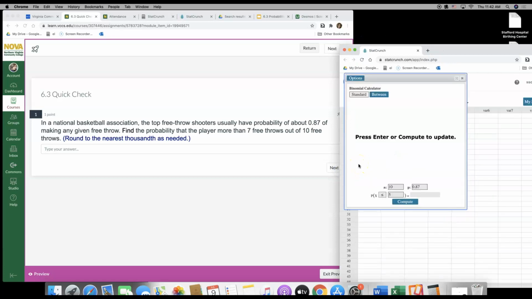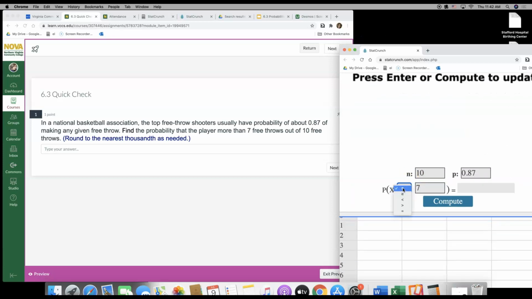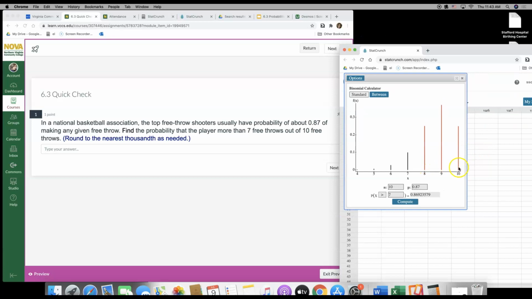Now, be very careful. They said more than 7 free throws. So I know you're going to type in 7 in there. But when they say more than 7 free throws, you want to make sure that the symbol is X greater than 7, not greater than or equal to 7, because they didn't say at least 7. They said more than 7. We just need to be counting the cases like 8, 9, and 10. Okay?